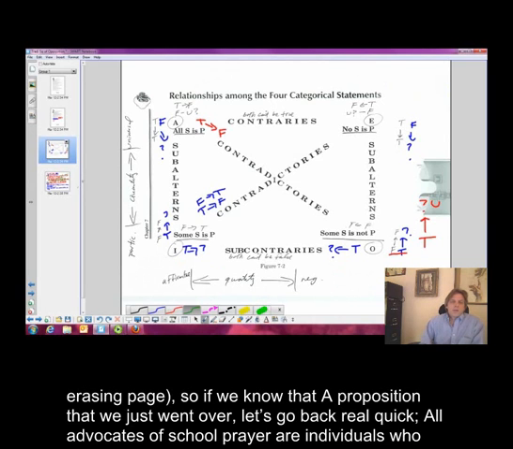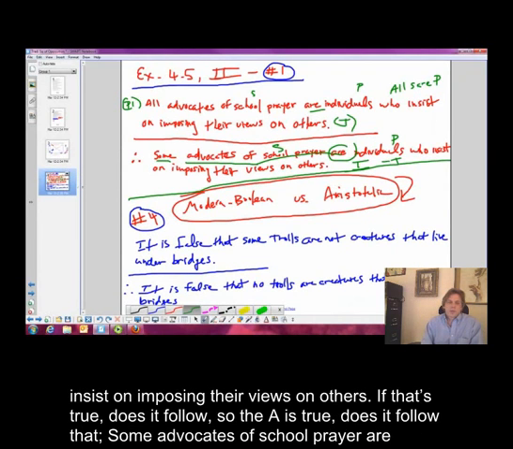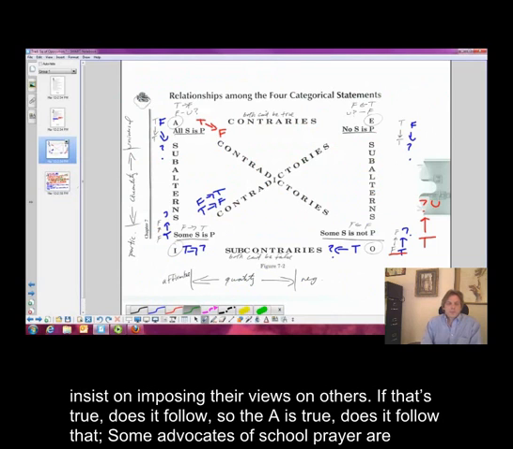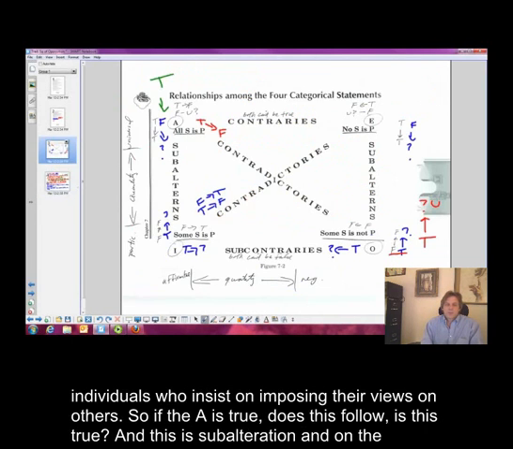So, if we know that A proposition that we just went over, let's go back real quick. All advocates of school prayer are individuals who insist on imposing their views on others. If that's true, does it follow that some advocates of school prayer are individuals who insist on imposing their views on others?